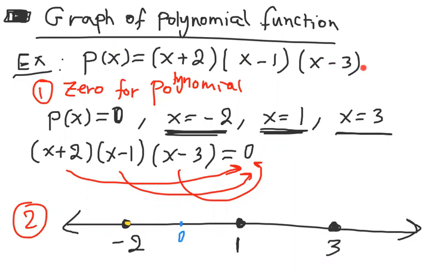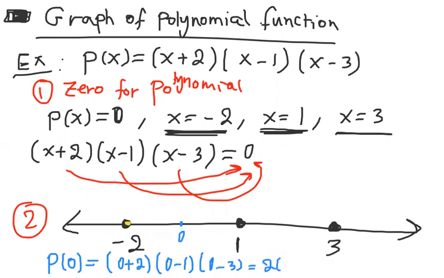For example, P of 0 is equal to (0 plus 2)(0 minus 1)(0 minus 3), which is 2 times minus 1 times minus 3, and the answer is 6. This means it is positive. So the sign here is positive.